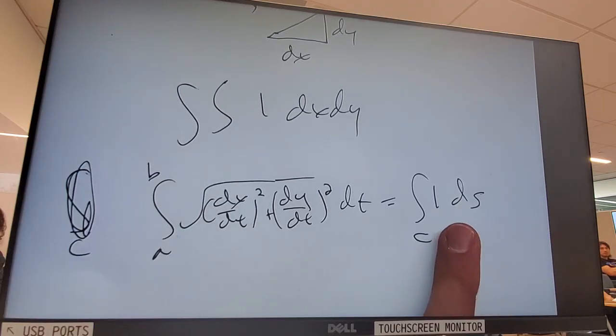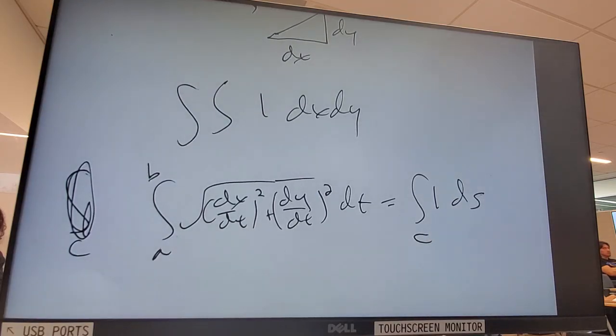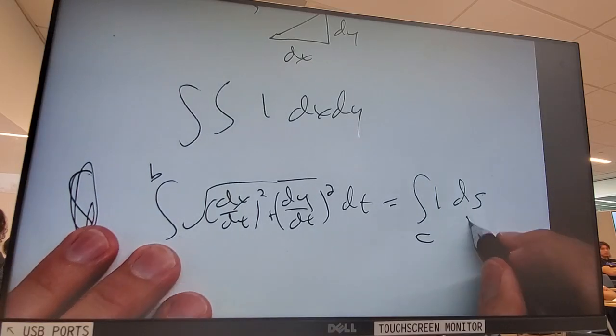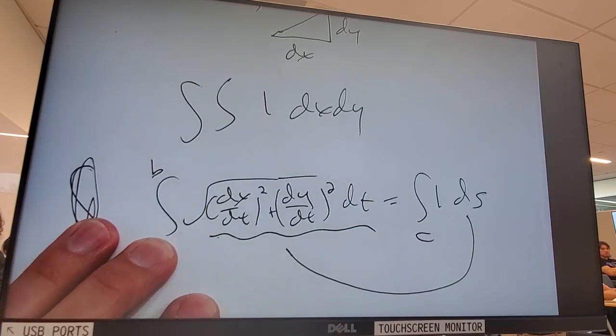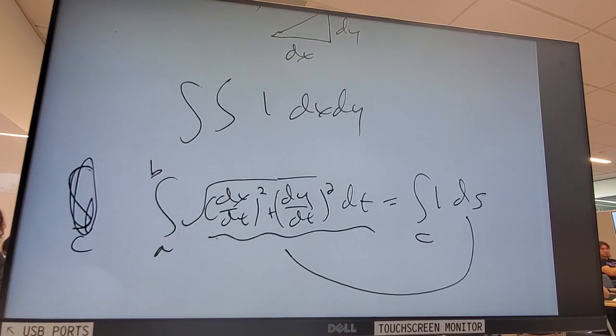This notation here just means the integral along the curve over the course of its arc length. So that's the little ds element. So the ds element ends up being this. Let me stop for a minute.